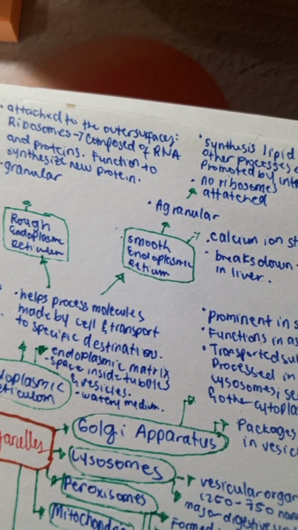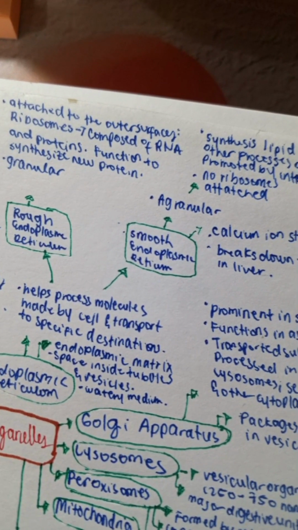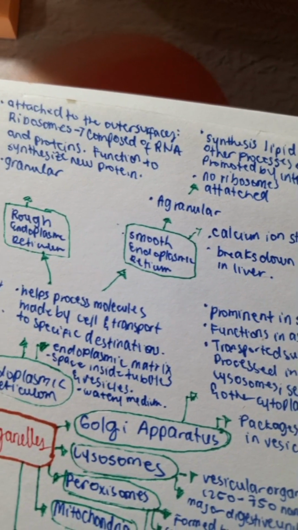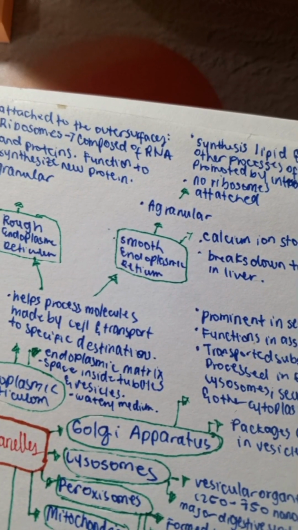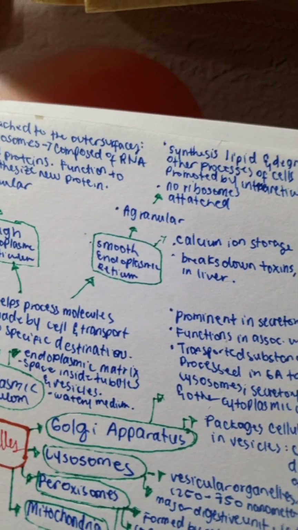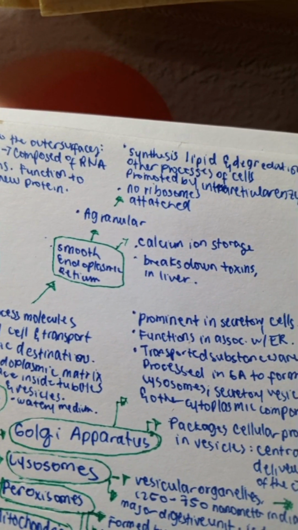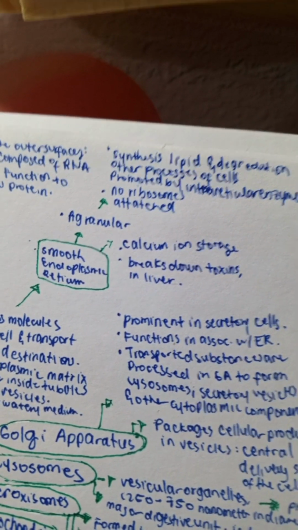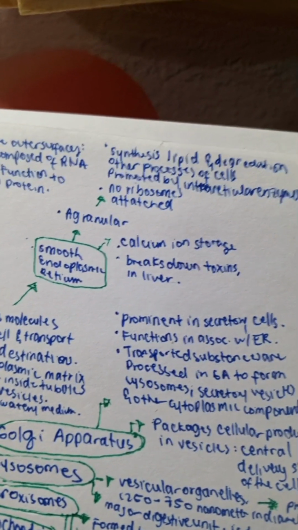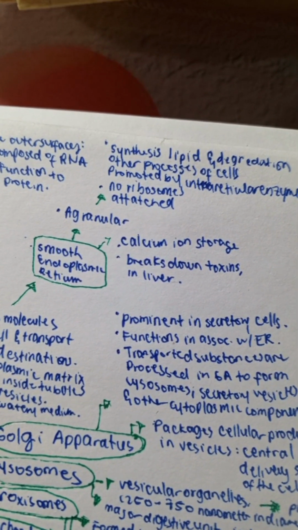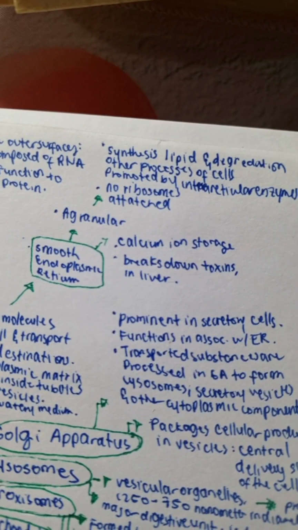Another type of endoplasmic reticulum is the smooth endoplasmic reticulum. Smooth meaning it's agranular. This smooth endoplasmic reticulum synthesizes lipid and is involved in degradation in other processes of the cell.